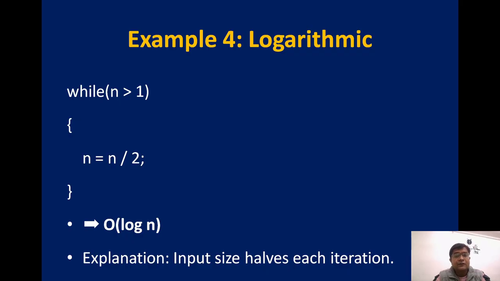For such input, where you are dividing by 2, the logarithmic behavior happens, and the time complexity is O of log n. Each time, the input size gets halved for each iteration.